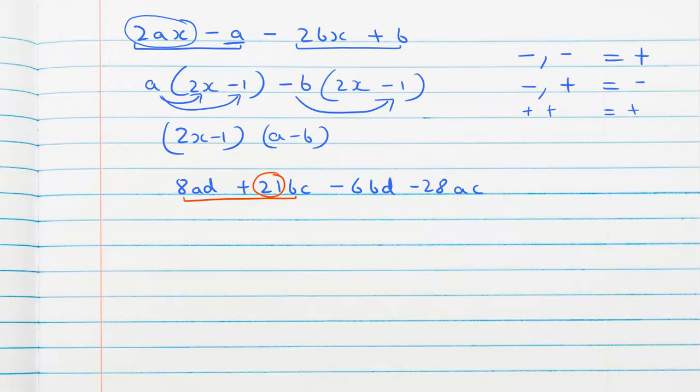Okay, so I hope you have tried it yourself. Well, the first way is we have 8ad minus 6bd, okay, negative 28ac, and this 21bc will be in the last place. Don't worry if you have done it differently, that is fine. There are two ways to do this particular problem.